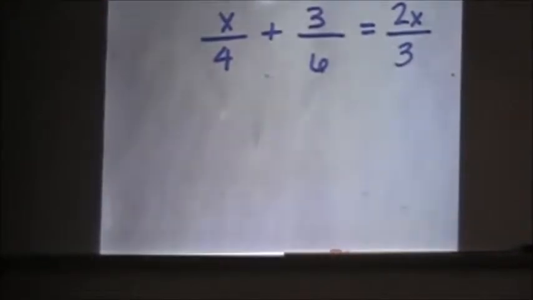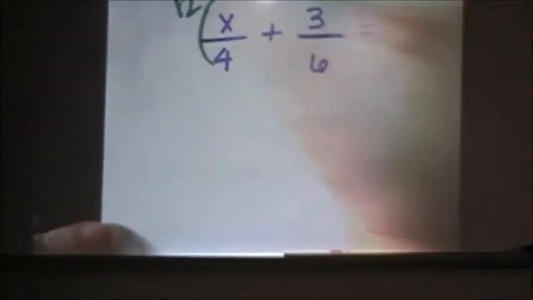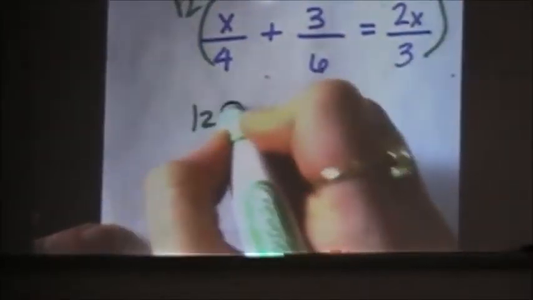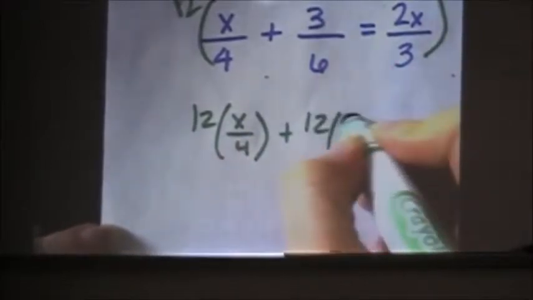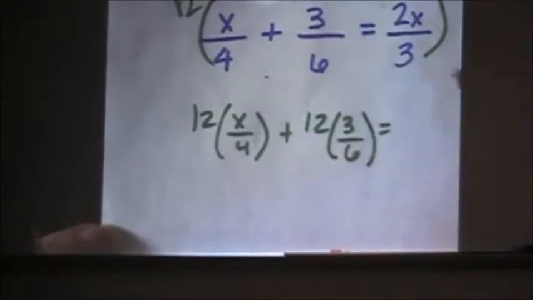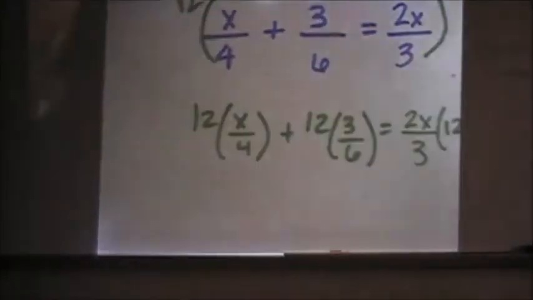In order to clear all of these fractions at one time, I can multiply the entire equation by 12. So I would multiply this first fraction by 12, my middle fraction by 12, and my final fraction by 12 as well. If I do that, it simplifies this and makes it quite a simple problem to do.